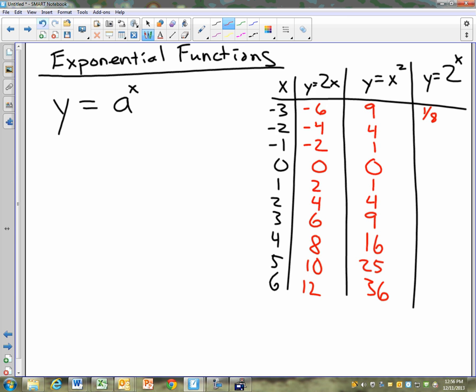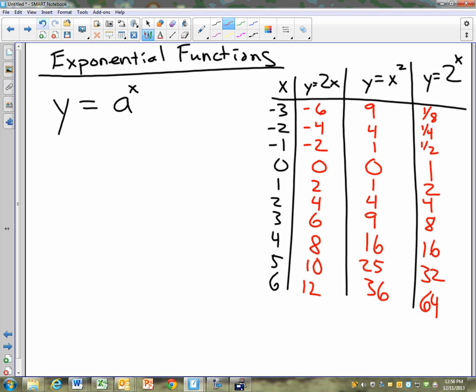As I said, excellent effort. What's 2 to the -2? 1 over 4. What's 2 to the -1? What is anything to the 0 power? 1. 2 to the 1 is 2. 2 to the 2 is 4, 2 to the 3 is 8, 2 to the 4, 2 to the 5, and 2 to the 6.